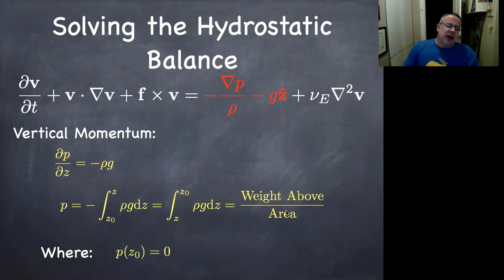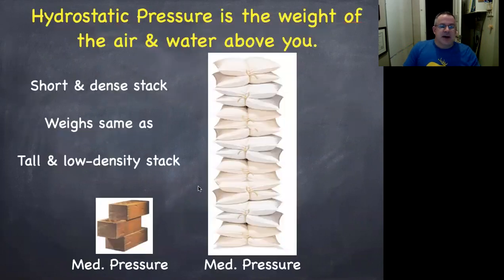So what does it mean, this weight above you per unit area? Well, let's think about a practical example that's going to come back to us over and over again throughout this class. We're going to think about a tall, low density stack of pillows. The weight per unit area is pretty low per pillow, but if you had a tall enough stack of pillows, you can get a pretty sizable weight piled up.